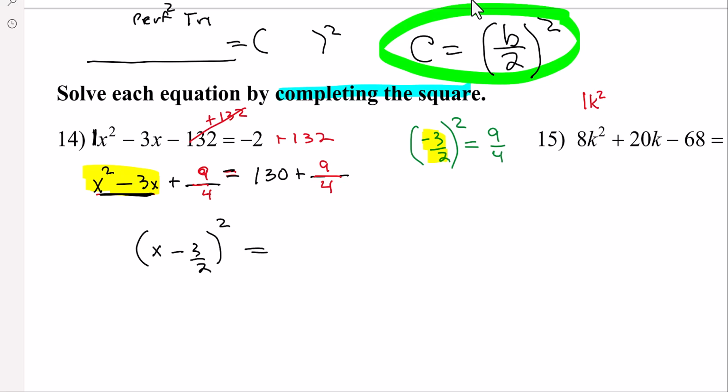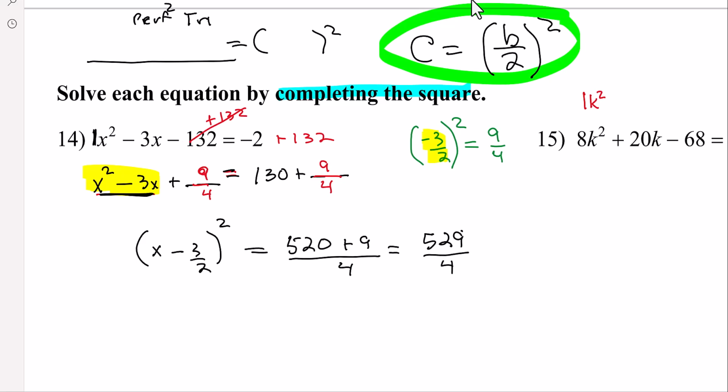Now, with your calculator, you can just do 130 plus 9/4, or multiply 130 by 4, and I believe you're going to get 520. Yeah, 520 plus 9 all over 4. So that is 529 over 4.